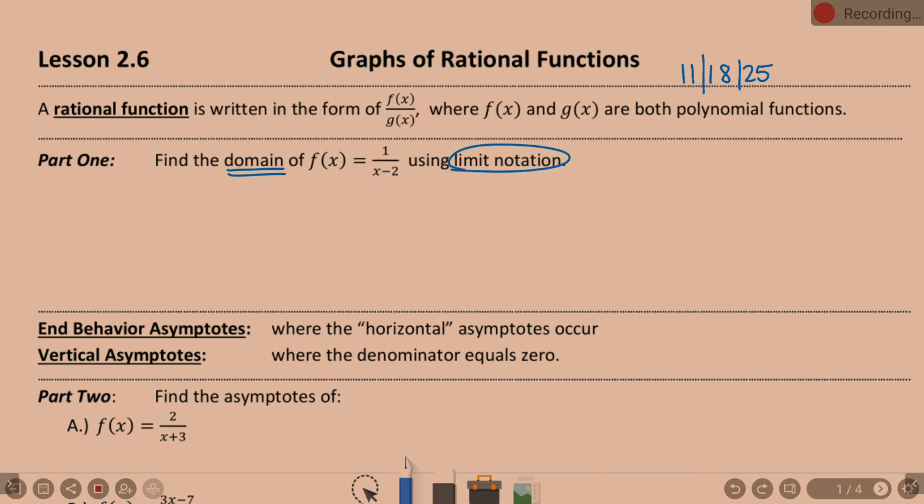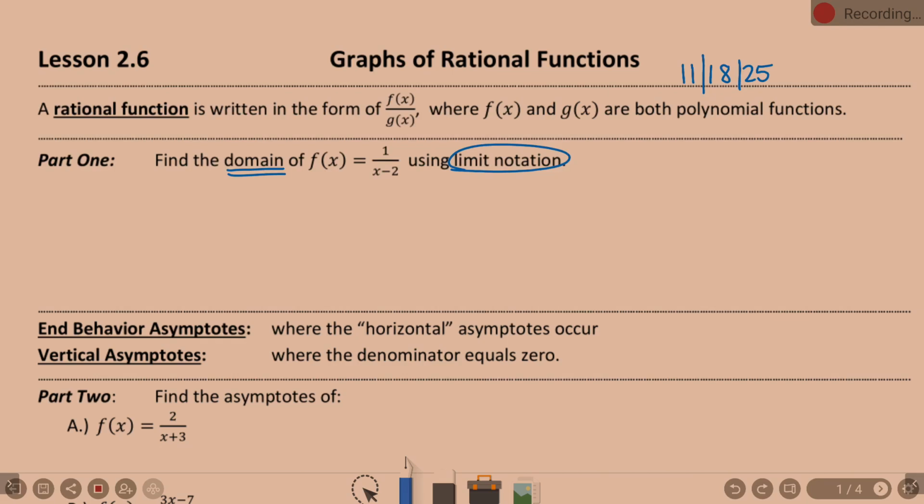Now, when we talk about finding the domain, we're talking about my x values. So we're talking about where can x exist, where can x not exist. We're going to graph it by hand in a little bit, but it's more of looking at this equation and coming up with the pieces that make the graph.